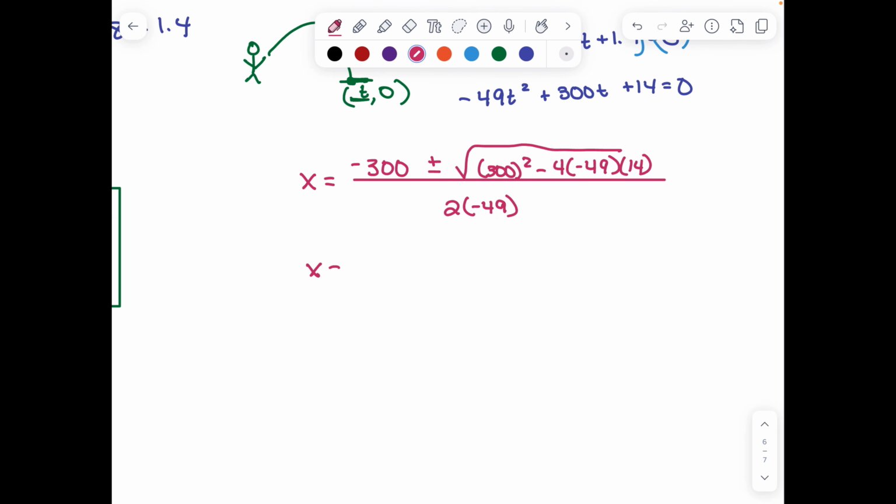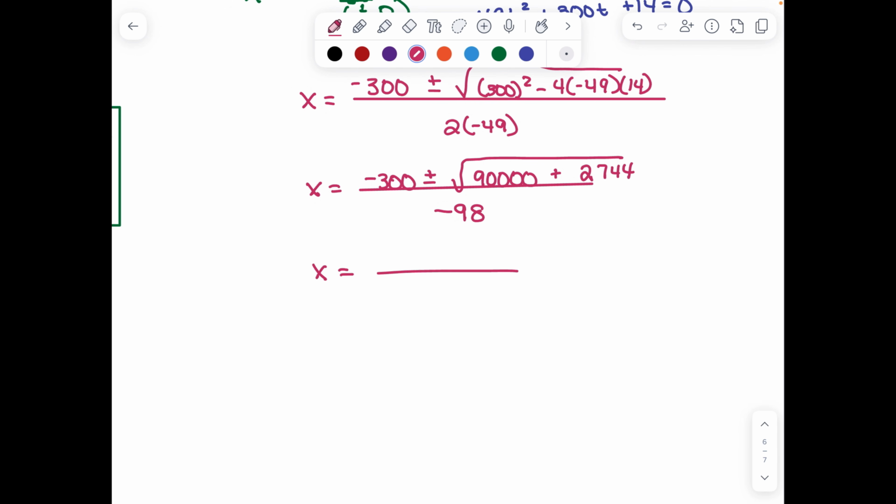So now we'll just do our quadratic formula to solve. So we get x equals negative 300 plus or minus 300 squared gives us 90,000 plus negative 4 times negative 49 times 14 gives us plus 2,744 over negative 98.